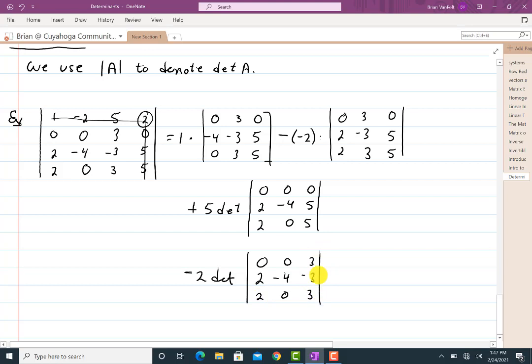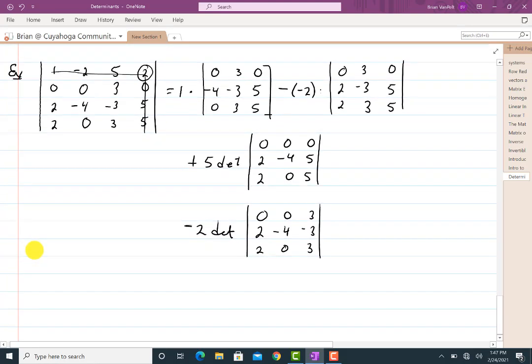And then we have to find each and every one of those determinants. That's quite a job in and of itself. Let's start with this first one here. Here I have 0, 3, 0, negative 4, negative 3, 5, 0, 3, 5.